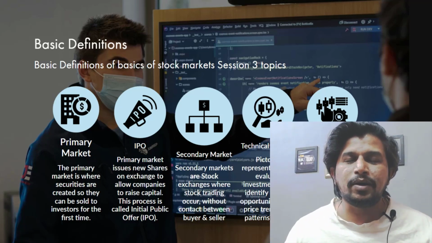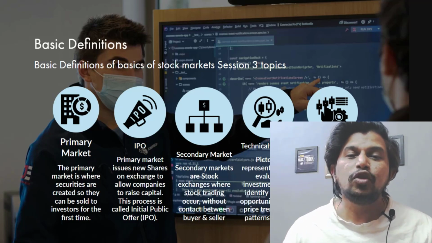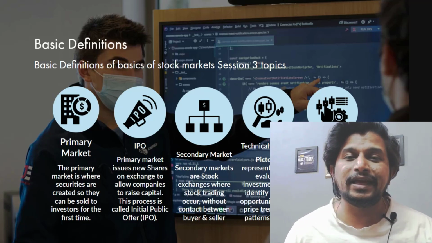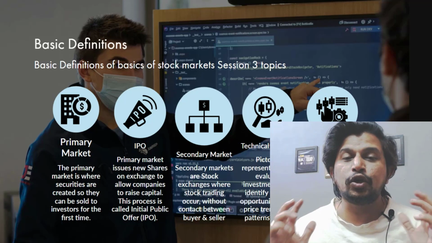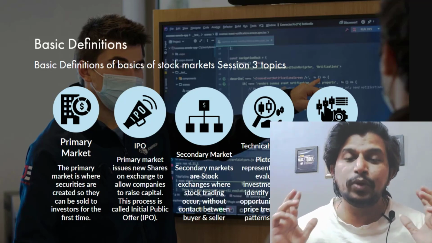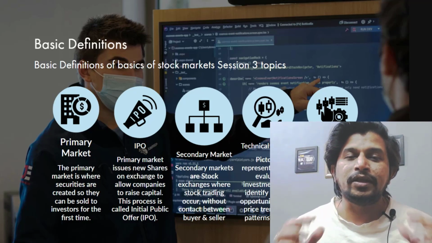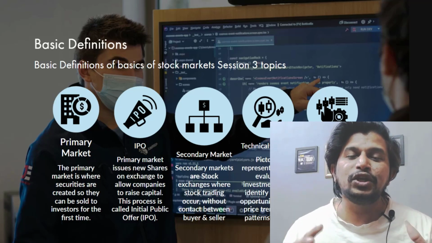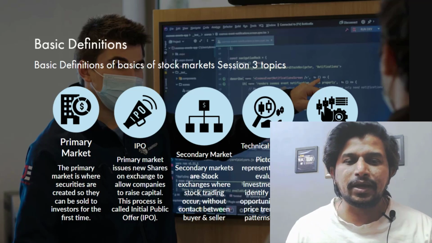Okay, so the public can invest in that particular company through an IPO only. And what is an IPO? It's an initial public offering where the primary market issues new shares of certain companies which want to be listed on the stock exchange, and they can only give their shares through the initial public offer through the primary markets.